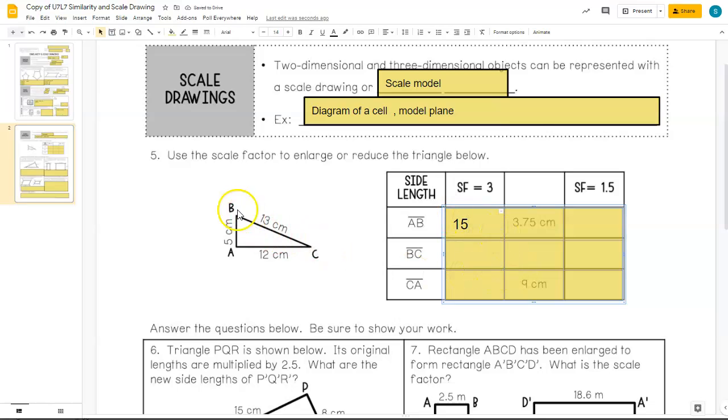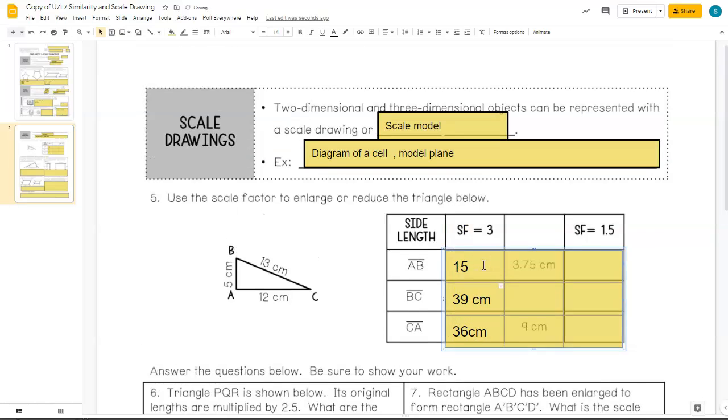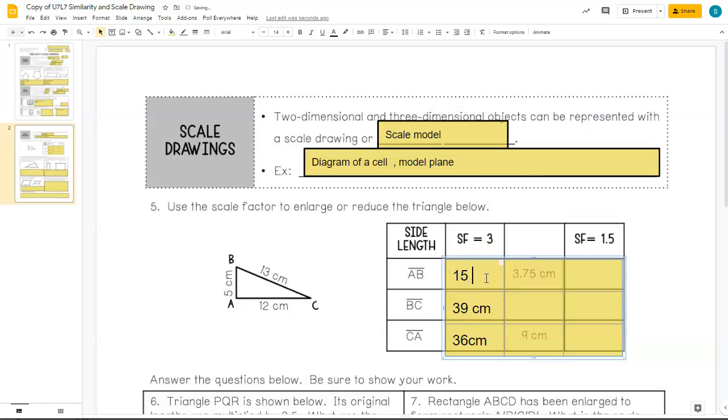Alright. Then BC, 13 times 3 is going to be 39. And 12 times 3 is 36. Now we could put the units in there. In fact, we probably should, because it is the scale factor and these are actual measurements.